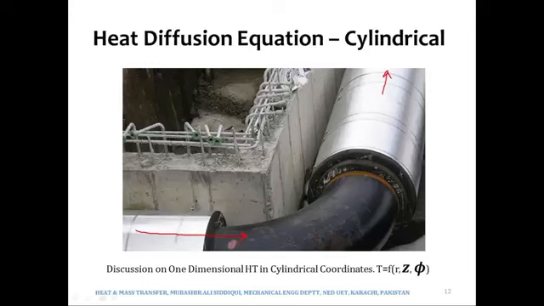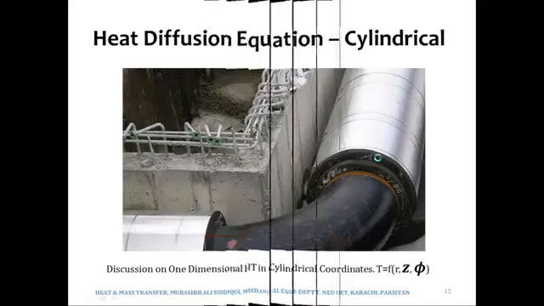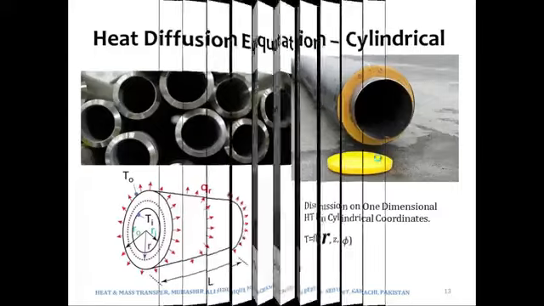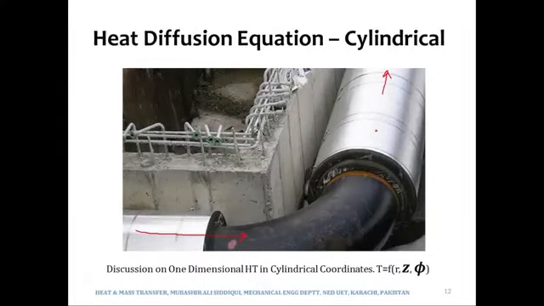Now phi, let me first explain phi. Phi is an angle. There are two linear terms. R is linear, Z is linear, whereas phi is in fact an angle.